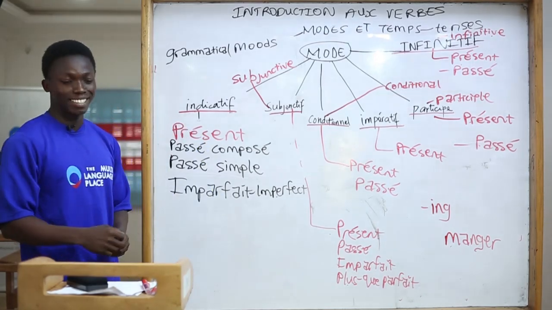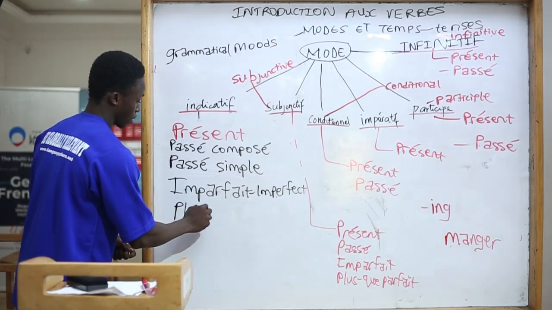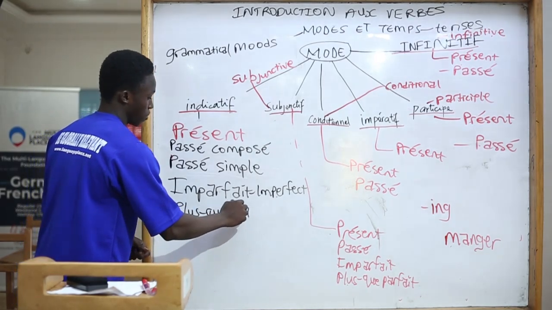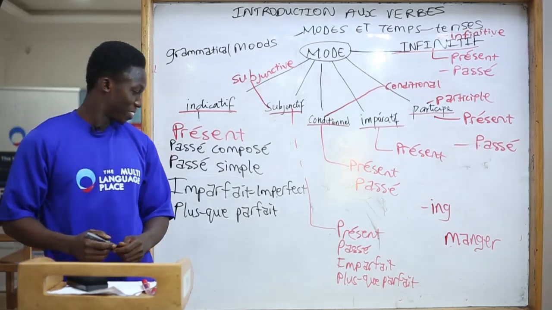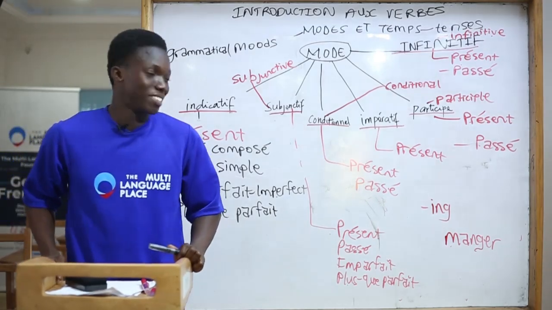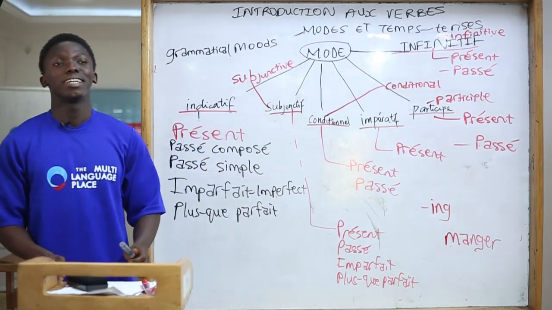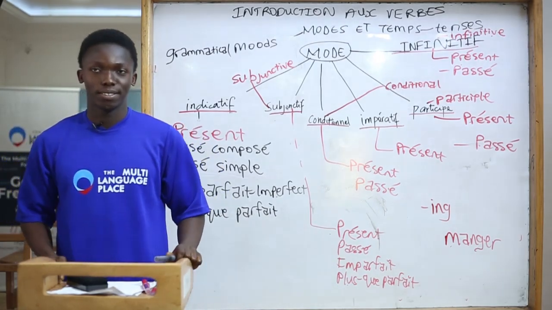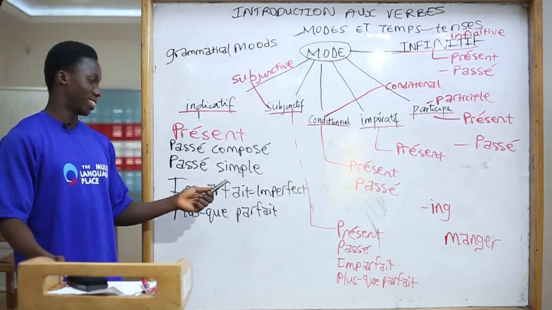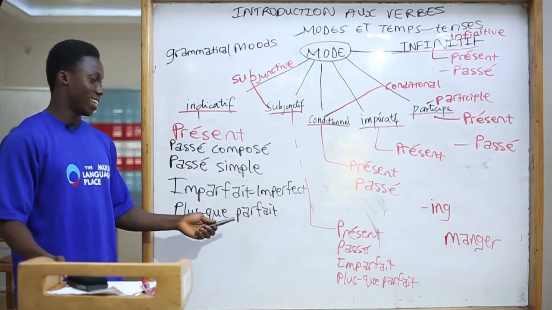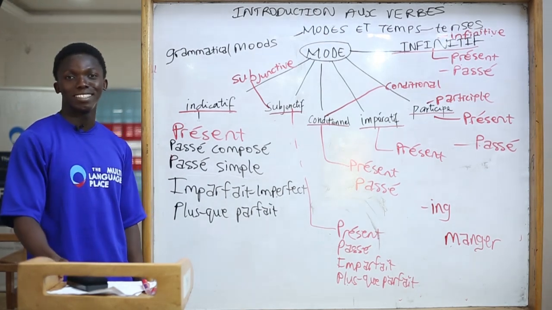The next tense is plus que parfait. Plus que parfait is also, should I say, past in French. It also expresses past events. Now you can see this expresses past events, this expresses past events, and this also expresses past events. So it's no wonder they say French is a beautiful language.